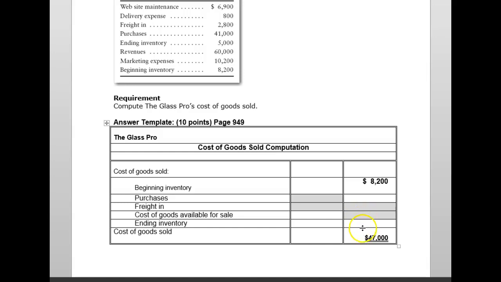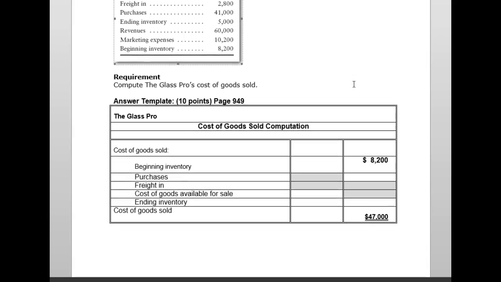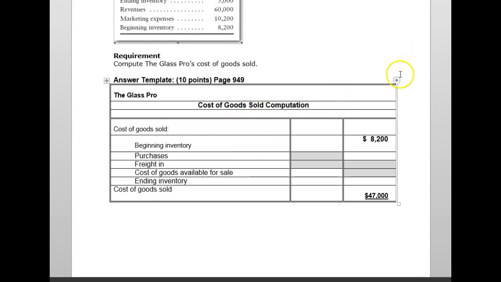And then you must deduct the ending inventory. And all that information is right up here. You've got freight in, you have purchases, you've got ending inventory, and you have beginning inventory. So they've given you some extraneous expenses to work with. So you're going to figure cost of goods sold here.